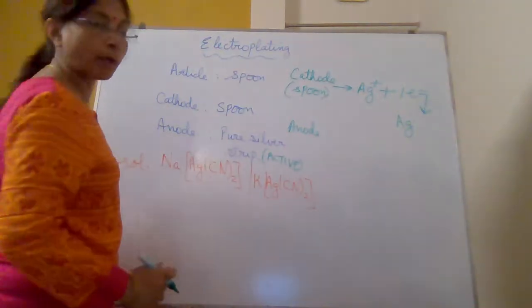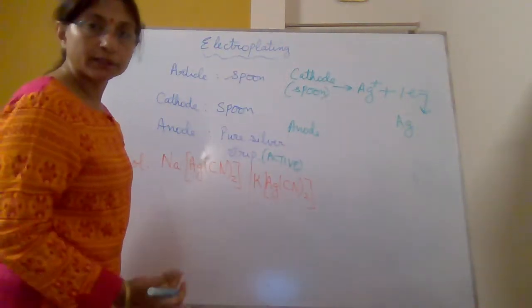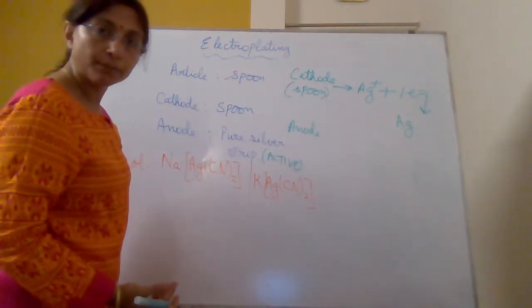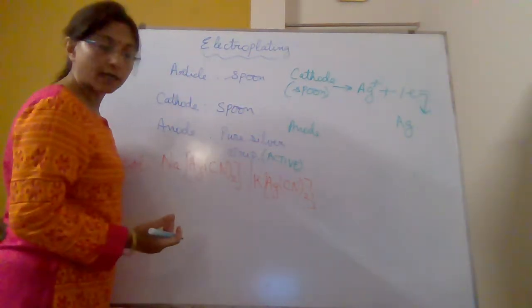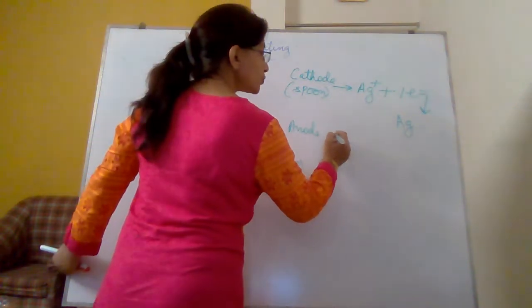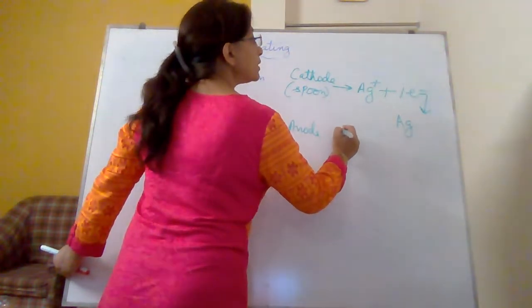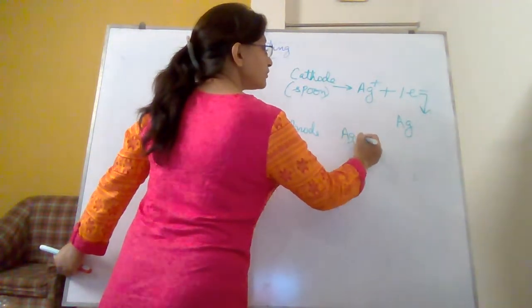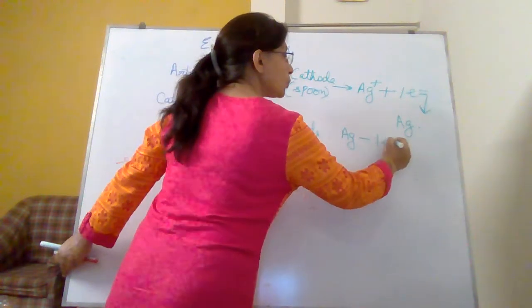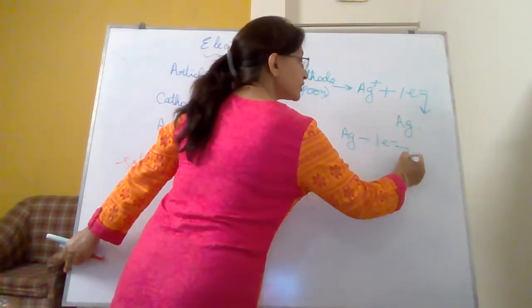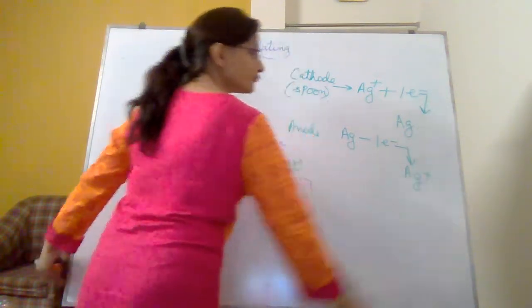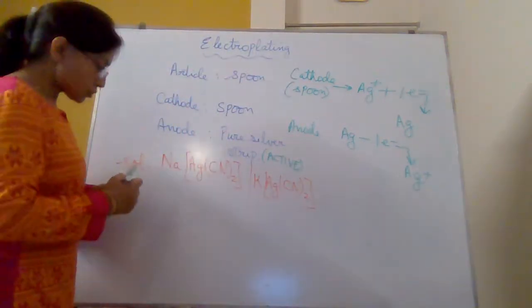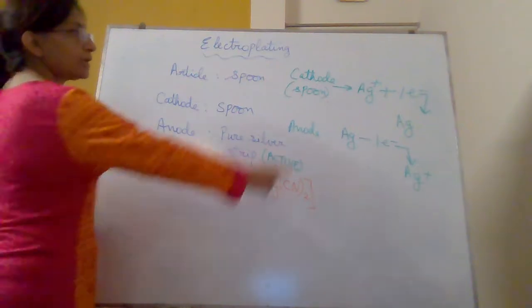An active electrode is one that takes part in the chemical reaction. How does it take part? By producing its own cations. So silver minus one electron gives Ag positive.